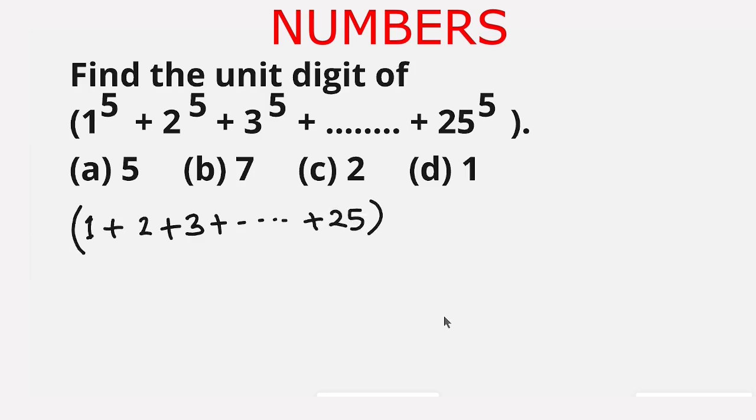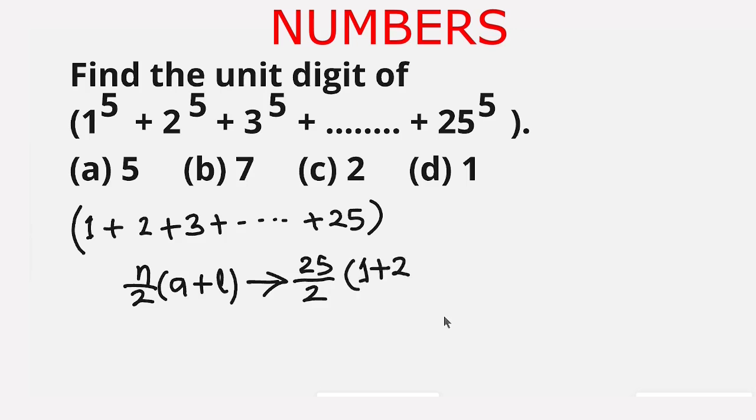And the sum of natural numbers or AP here is n by 2 into first digit A plus last digit L, and this way we can find the sum of these numbers. So the number of terms is 25 by 2, and the first digit is 1 plus the last digit is 25.